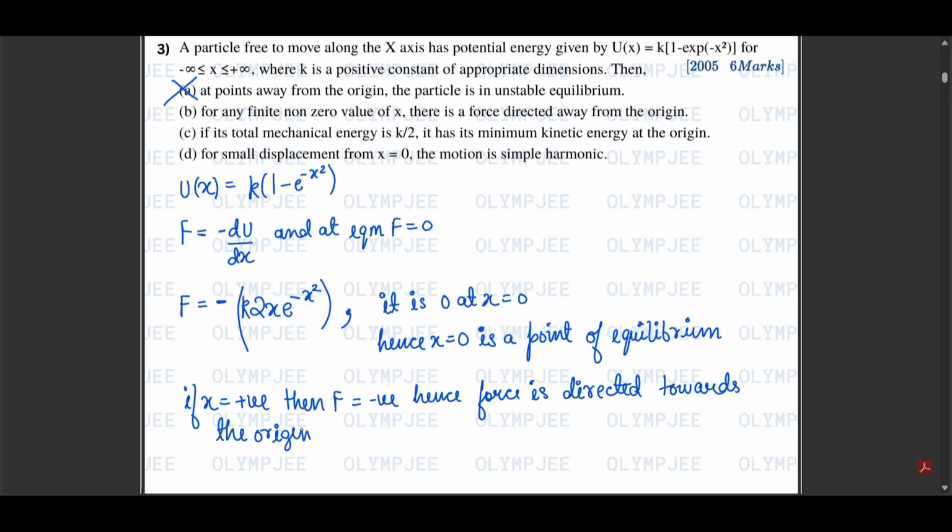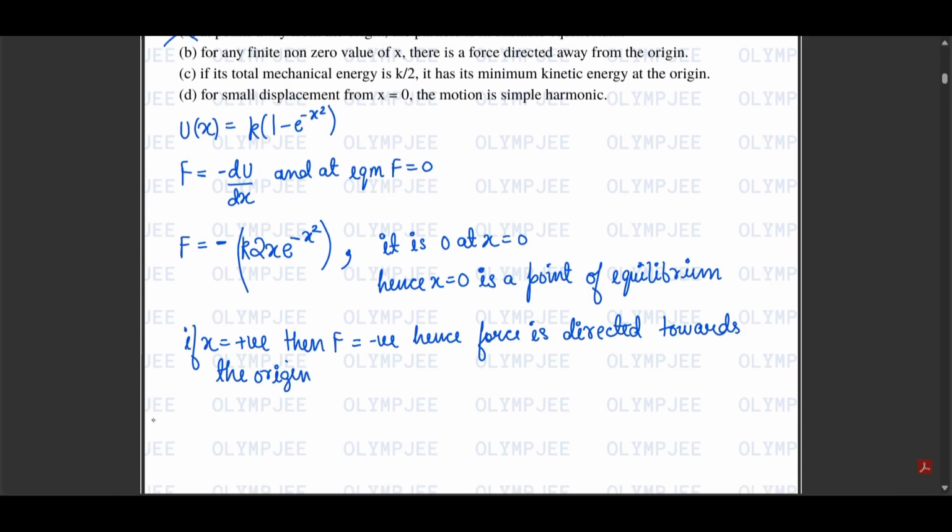And if we see for x negative values, if x is negative, then force is positive, and see, if x is negative, it will be somewhere here, and force is positive, so again it is pointing towards the origin, not away from the origin.